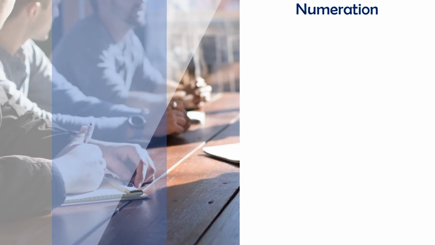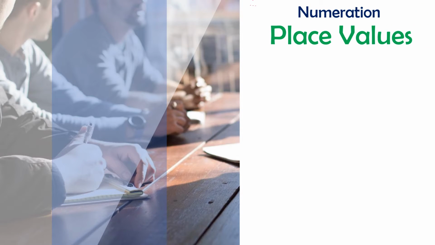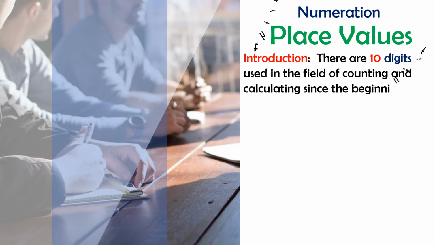As we are looking into numeration, where we are concerned about place values, let me let you know that there are 10 digits used in the field of counting and calculating since the beginning of the earth.